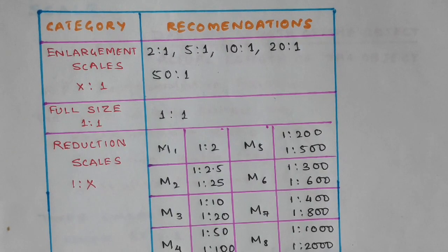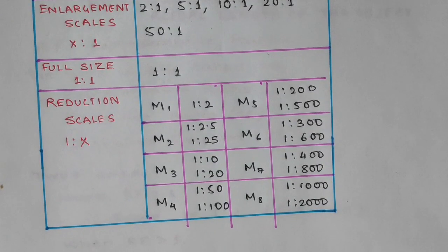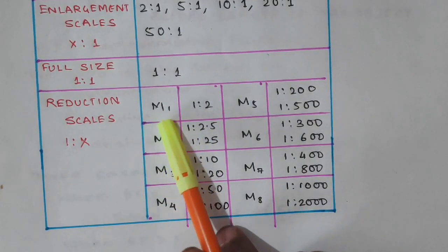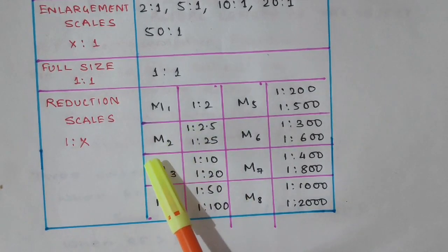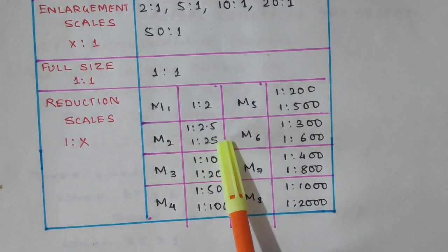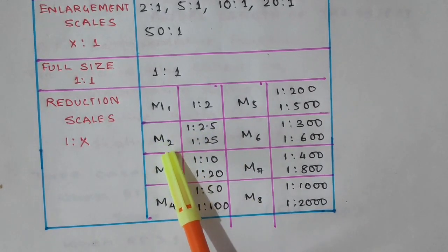For reduction scales, there are 8 groups made. Those are denoted by M1, M2, M3, so on up to M8, as you can see in this table. For the group M1, the recommended scale is 1:2. For the group M2, it is 1:2.5 and 1:25. So these two scales lie in the group M2.